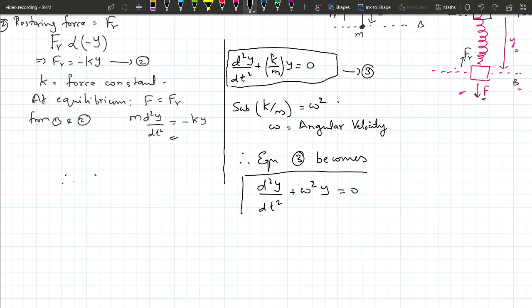So this is equation number 4, which represents the equation for SHM.